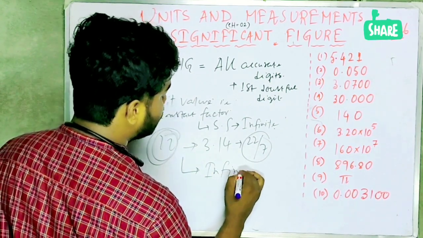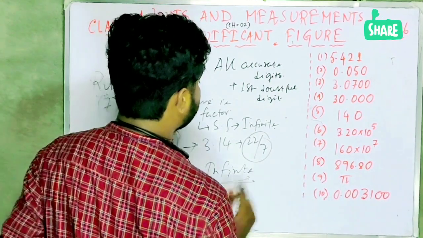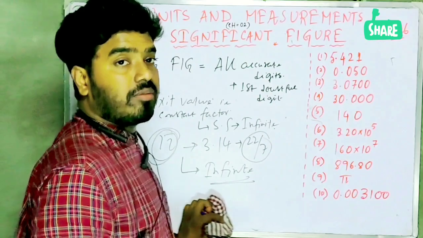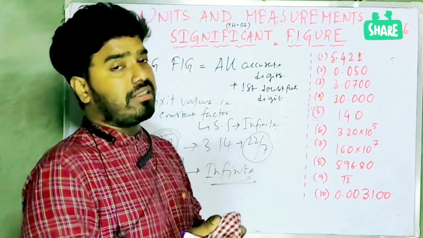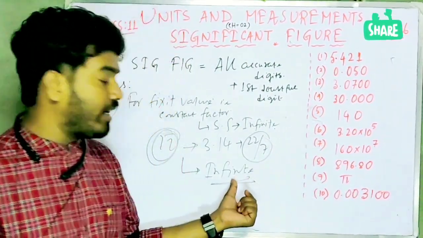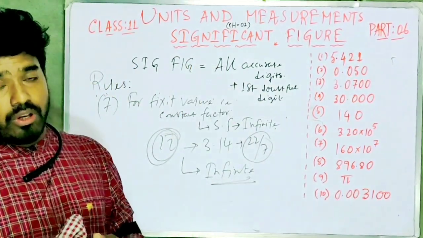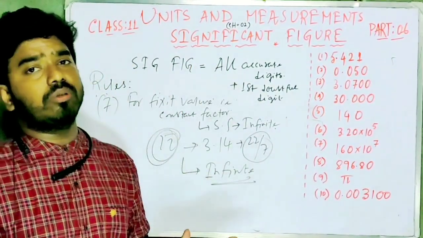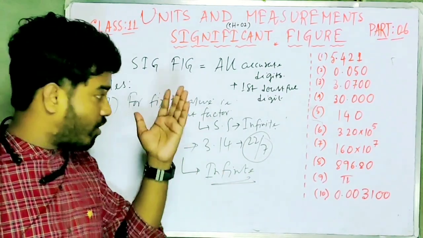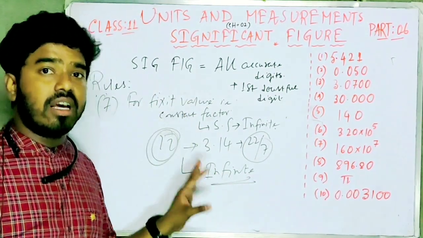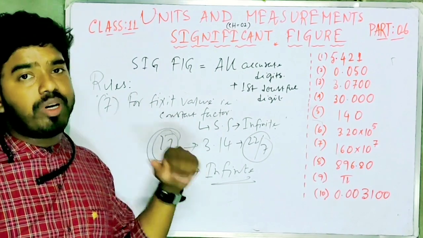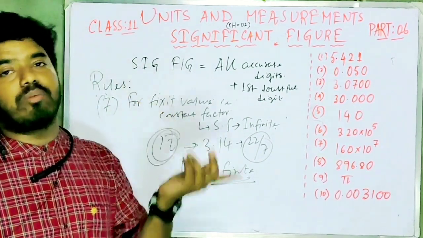Okay, so for a constant value, that is a fixed value, any numerical number, there are an infinite number of significant figures. This is all about the rules. So students, there is no need to memorize it, just observe it, digest it and practice it. It will be automatically stored in your subconscious mind.